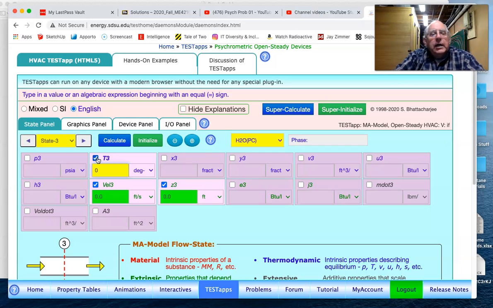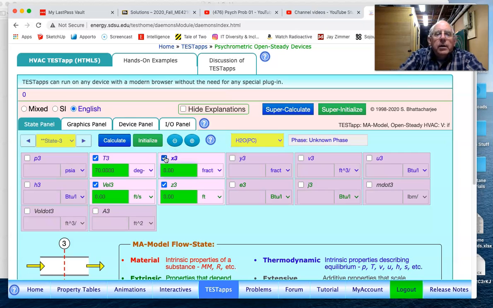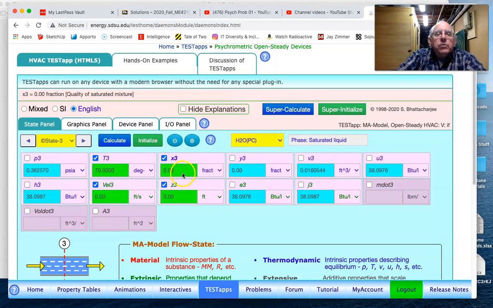Since our output is at 70 degrees, we're going to say that the water is liquid water, so a quality of 0 and a temperature of 70 degrees.